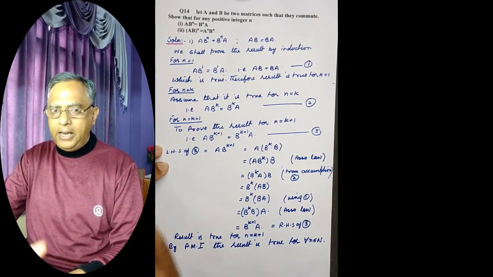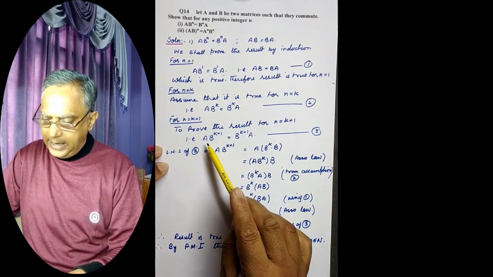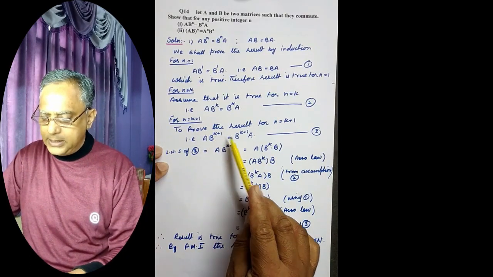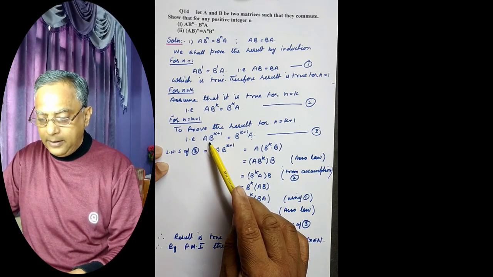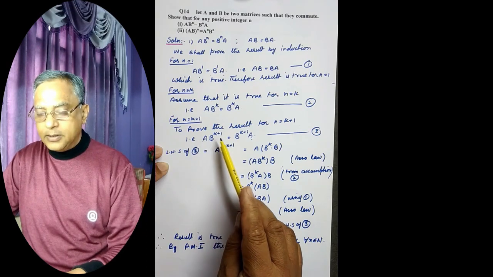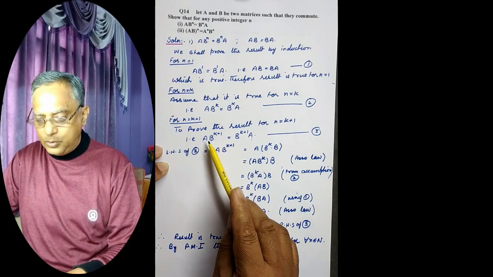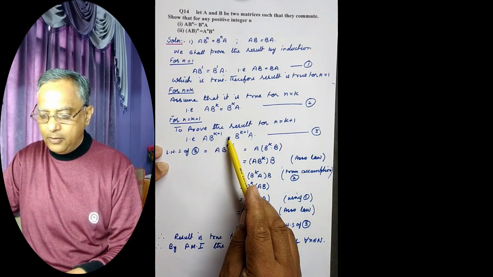I will briefly repeat the third step. We have to prove that AB to the power of k plus 1 is B^(k+1) into A. So one thing is clear, that we have to interchange their sides. That is, we have to prove that A and B^(k+1) are commutative.